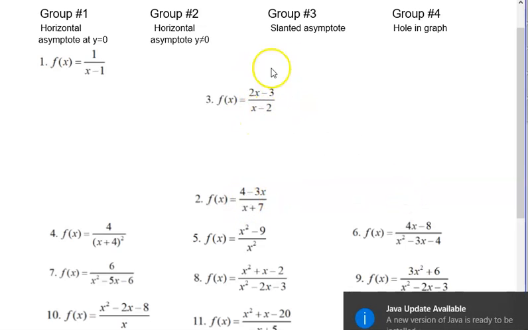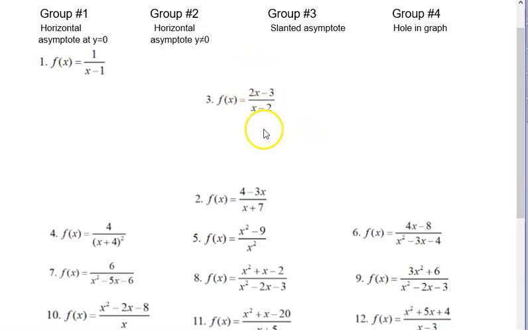What happens as x gets really, really, really big? So imagine putting, say, 1,000,000 in for x. So I would have 2,000,000 minus 3 over 1,000,000 minus 2. Well, think about this. As x gets really, really big, the 2,000,000 divided by the million would dominate the graph. The minus 3 and the minus 2 aren't going to make much difference. So this would be like 2,000,000 over 1,000,000.